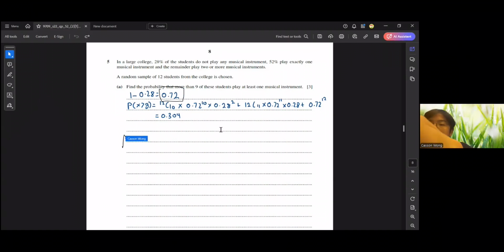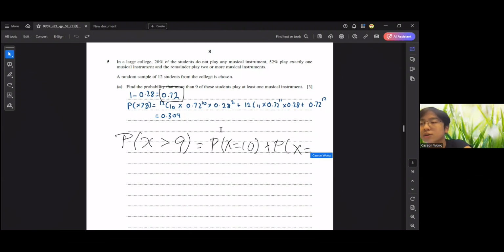And it is probability x is greater than 9. This is probability x equals 10 plus probability x equals 11 plus probability x equals 12. And then we can get the answer 0.304.